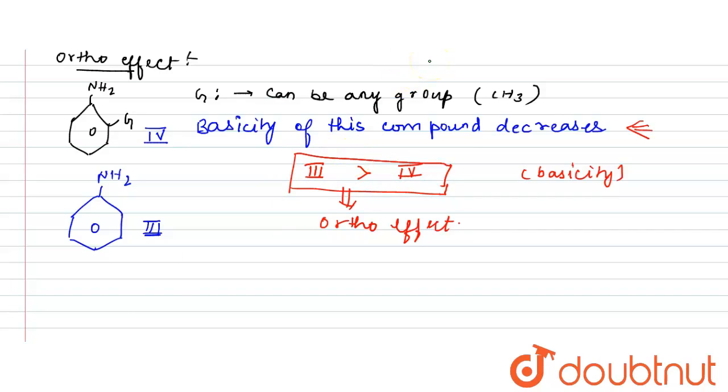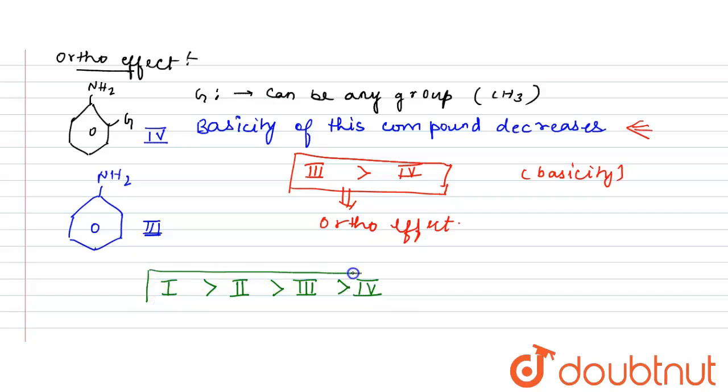So now let's write down the final order. We have already discussed that aliphatic compounds are more basic than aromatic compounds. So 1 was more basic than 2, and after this 3 will be more basic than 4, because of the ortho effect.